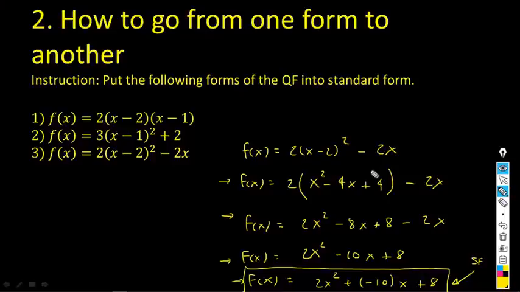We just do a lot of arithmetic and multiplications and expansions of exponents and so on. The thing that is not very simple is going backwards from the standard form to the factor form or the vertex form. It's not as simple as this, but it's not that difficult either.